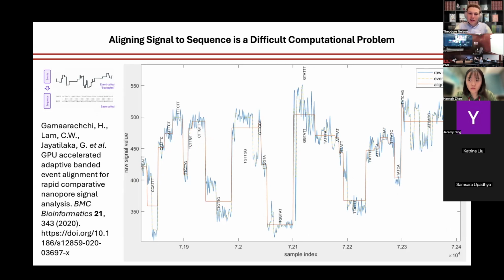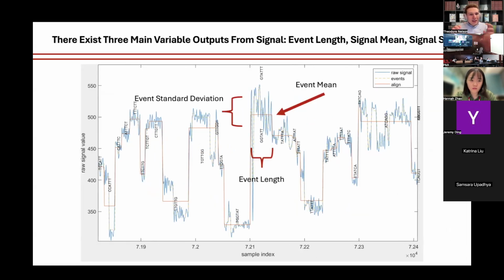In this context, each k-mer gets 3 specific parameters associated with it, in addition to the associated signal. So for this particular k-mer, G, G, T, A, T, T, you can extract each individual point that was measured, whether it's 50 points or 100 points in the signal.